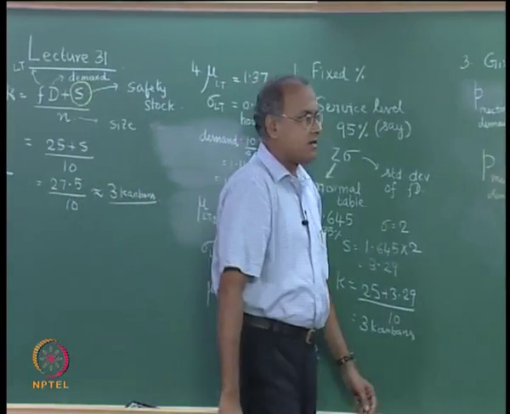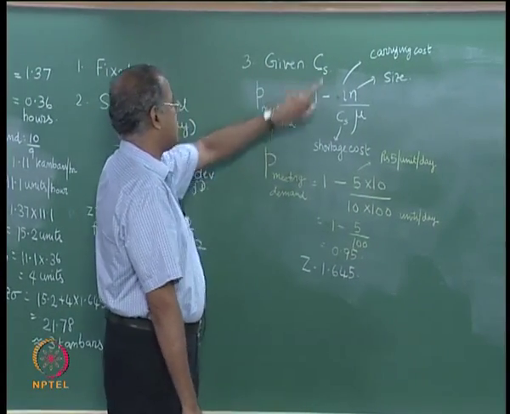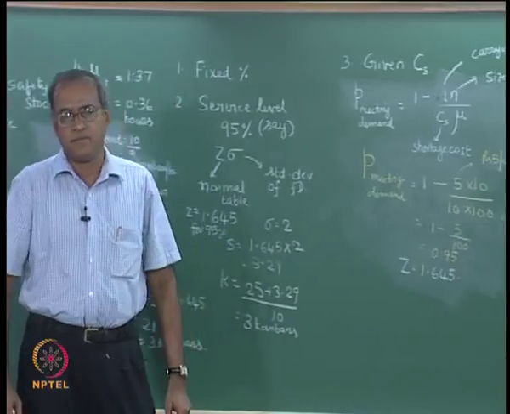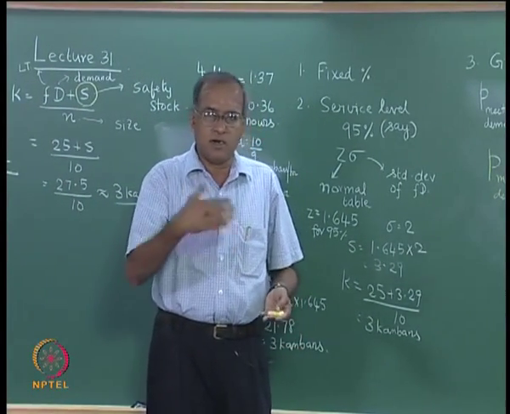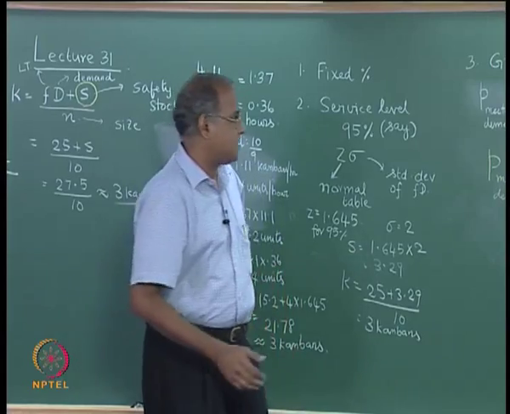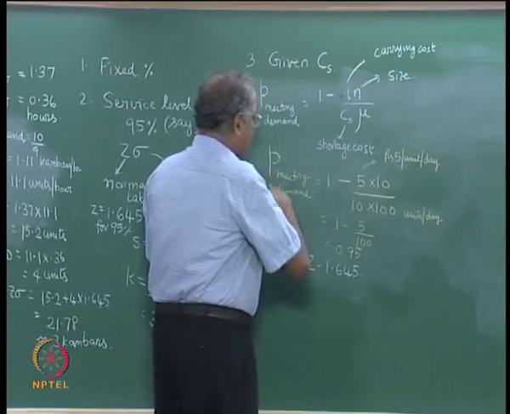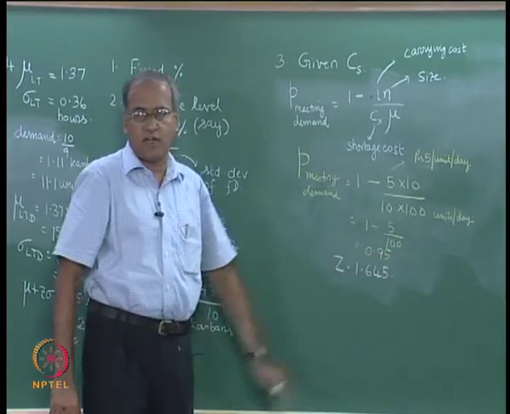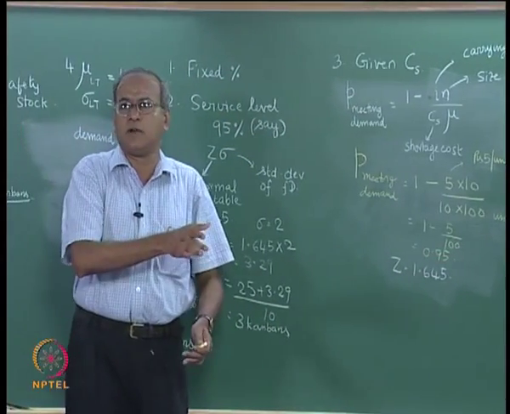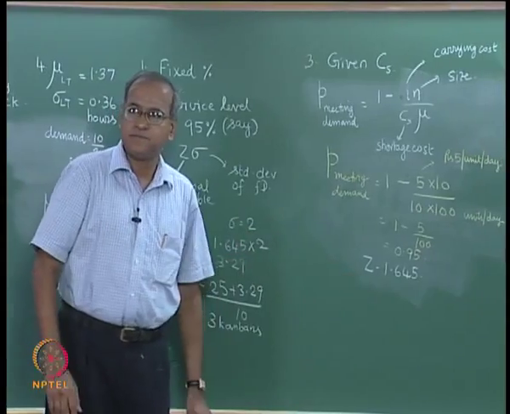The third one, we took a shortage cost CS, and based on the shortage cost we borrowed results from inventory models and computed that the probability of meeting the demand turns out to be 0.95, and then we went into the normal distribution and got it.